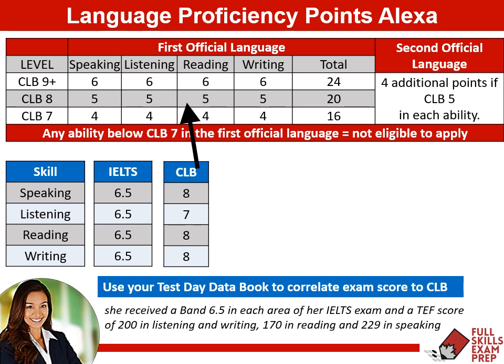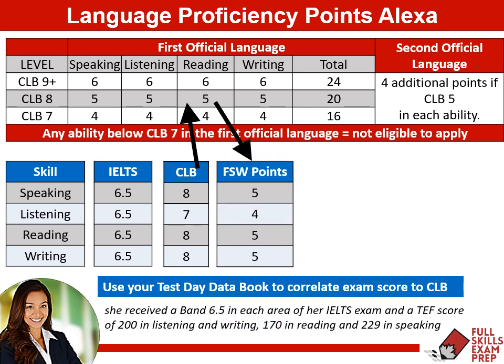The difference is that in IELTS a band 6.5 in listening is a CLB 7, so it's a little bit lower. Meanwhile, a 6.5 in reading, writing, and speaking is a CLB 8. Remember that a mix is perfectly fine as long as there isn't any individual score below a CLB 7.